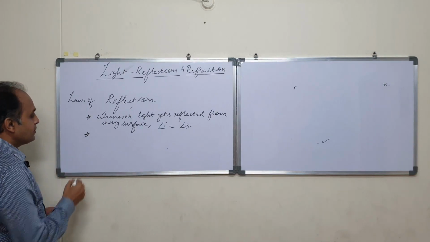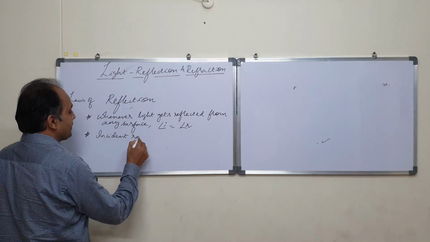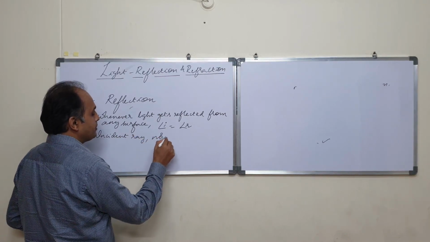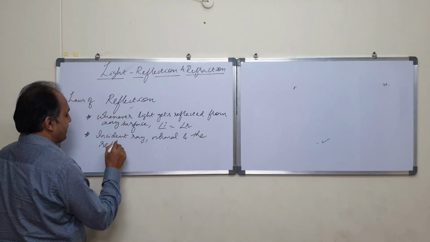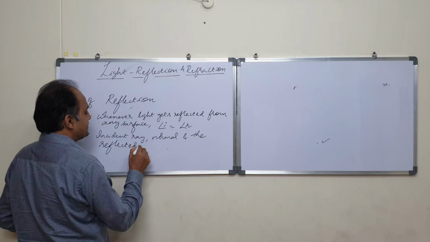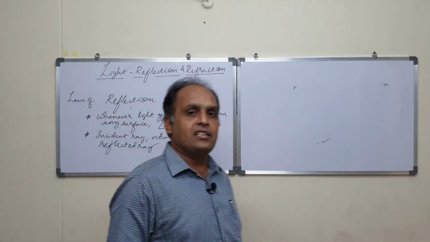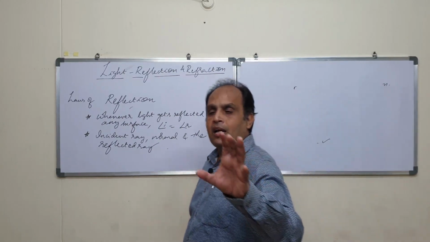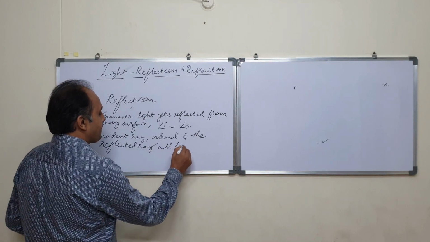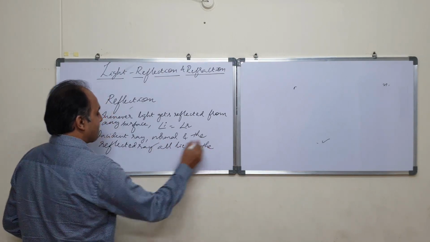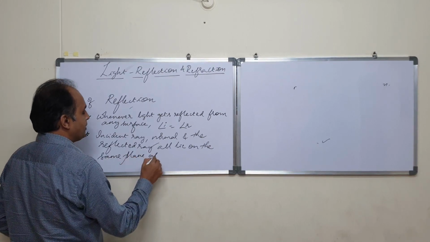The second one: the incident ray, the normal, and the reflected ray all lie on the same plane at the point of incidence.